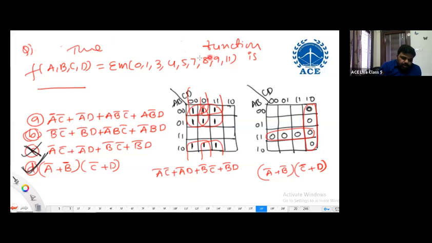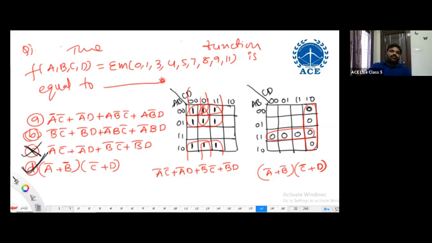The function f of a, b, c, d is equal to dash. Then which option is correct? Now it is a multiple select question.